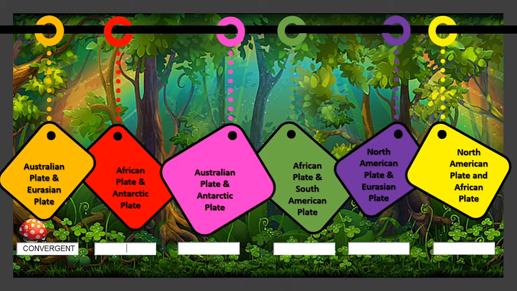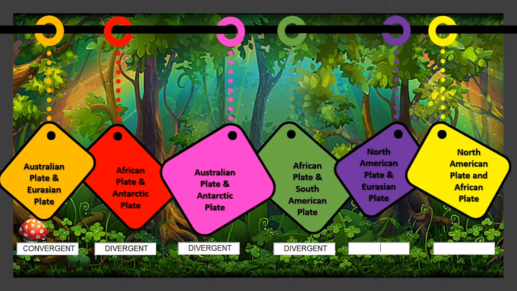What about the African plate and the Antarctic plate? Fantastic, that is under divergent boundary. What about the Australian plate and the Antarctic plate? There you go, once again, divergent boundary. And then we have African plate and the South American plate. As you say, they are associated with divergent boundary as well.